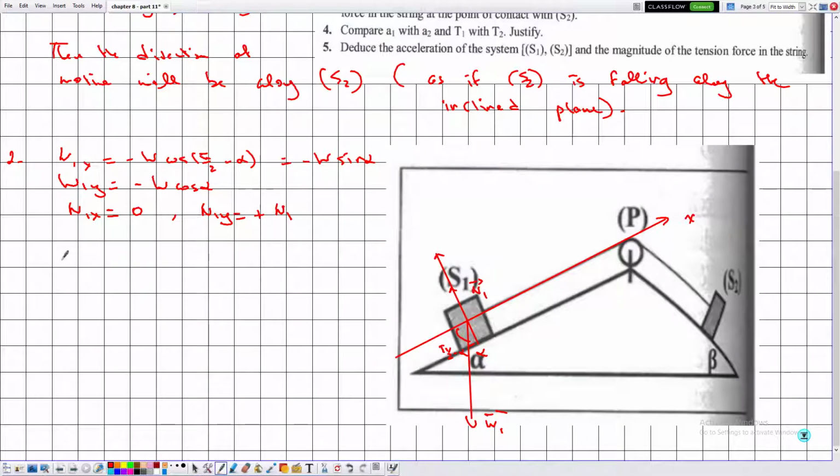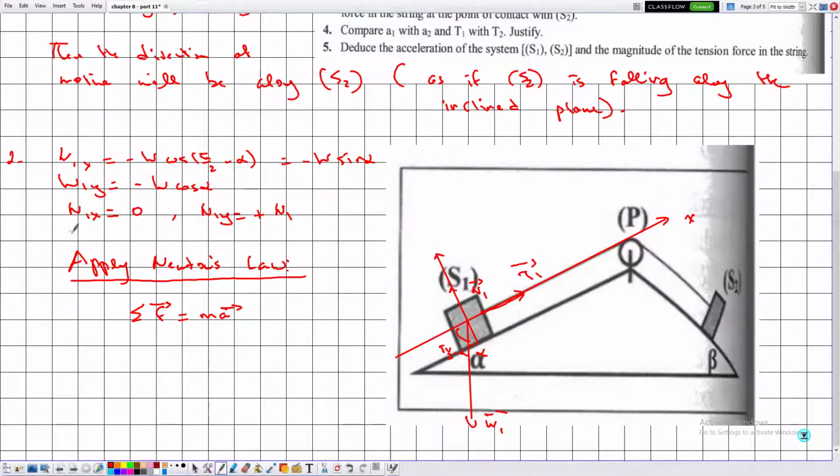And now let's apply Newton's second law, which is given by sum of forces is equal to ma. And the different forces acting on the solid S1, here we have the tension T1 also.